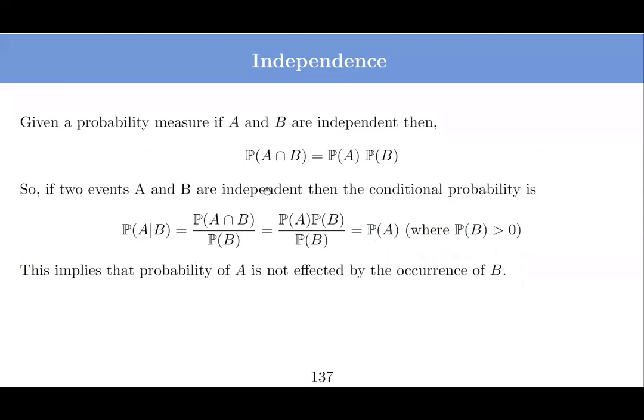Either you prove that the probability of A intersection B is probability of A times probability of B, or you prove that probability of A given B is equal to probability of A. Both are the same condition, and in both cases we say that A and B are independent. Basically, the occurrence of B does not affect the chances of occurrence of A.